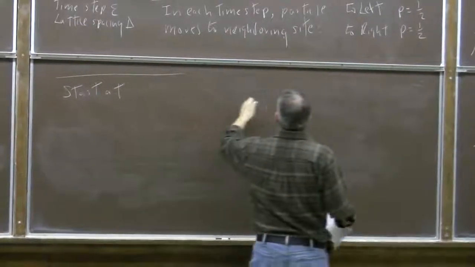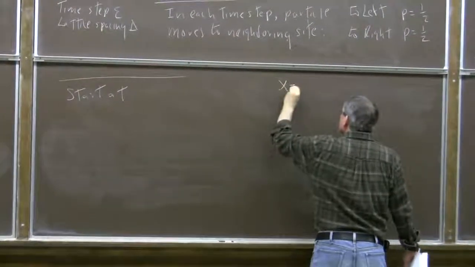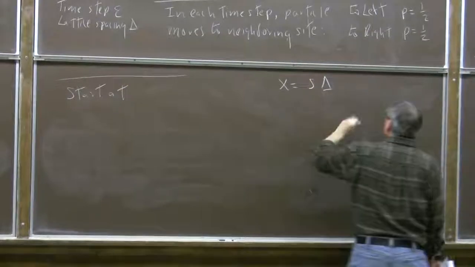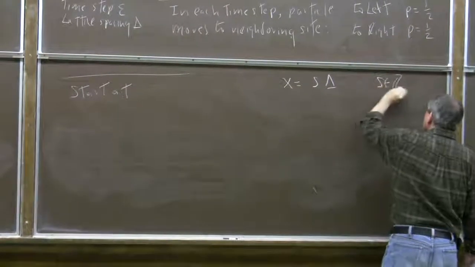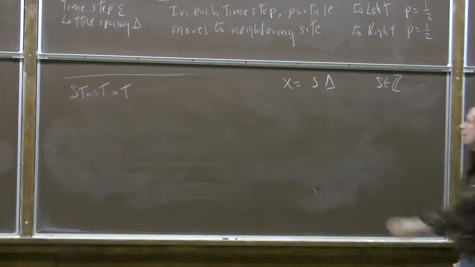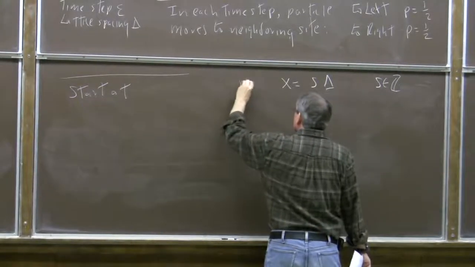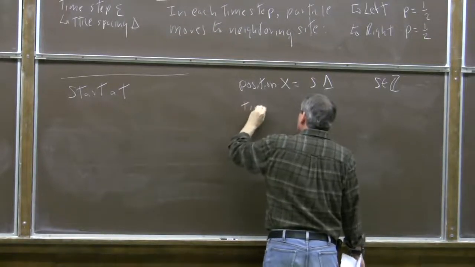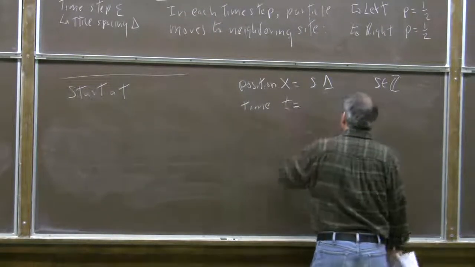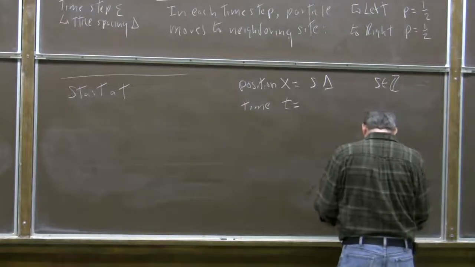I'm going to consider the position to be s times delta. Delta is the lattice spacing, s is an integer, and the time t is equal to, I'll call it n.